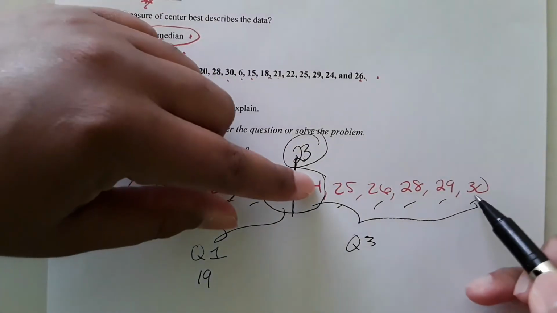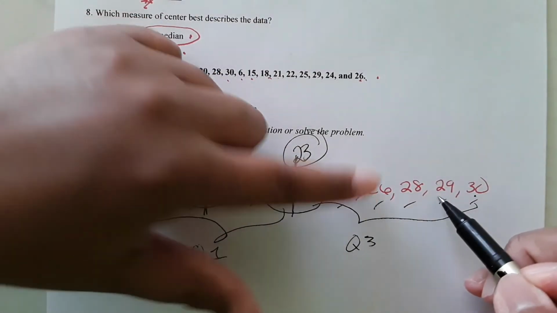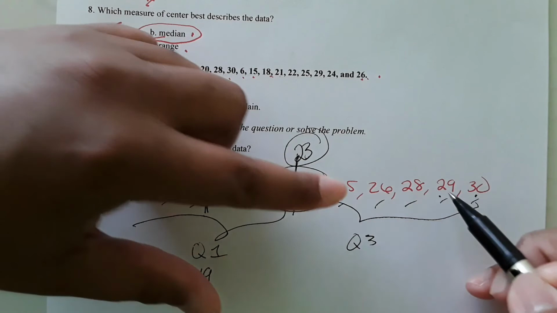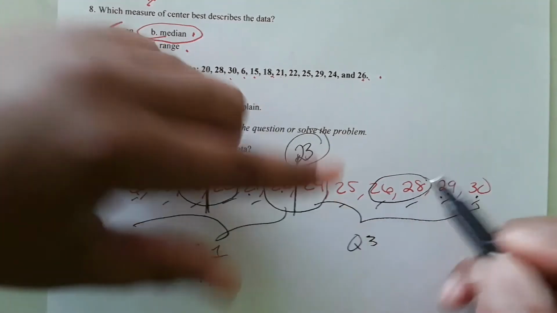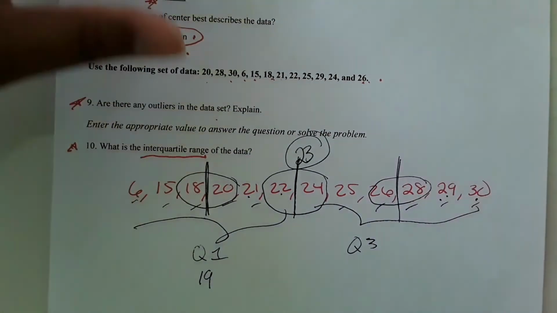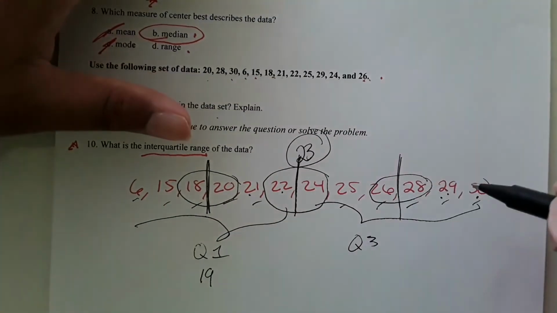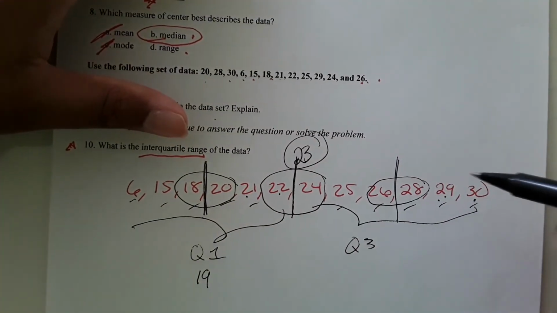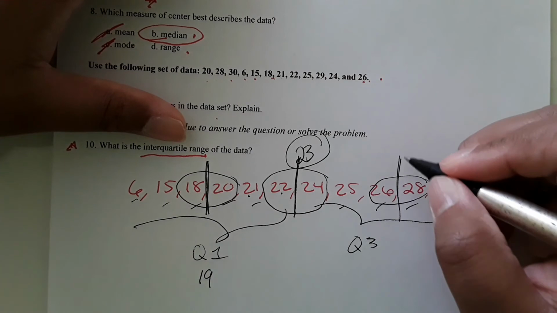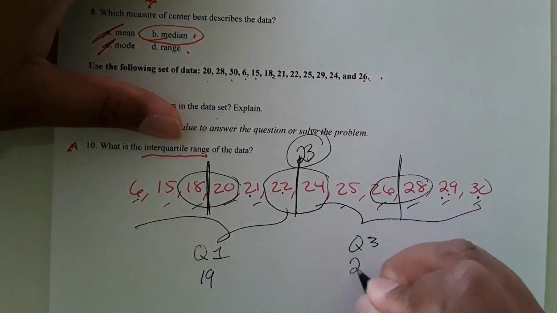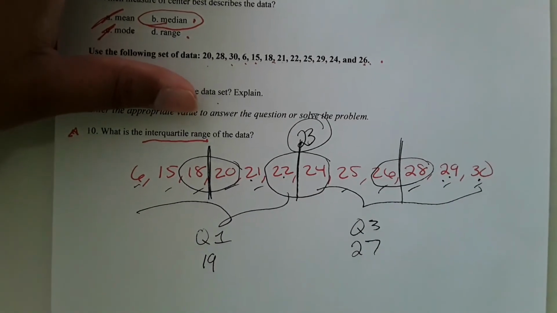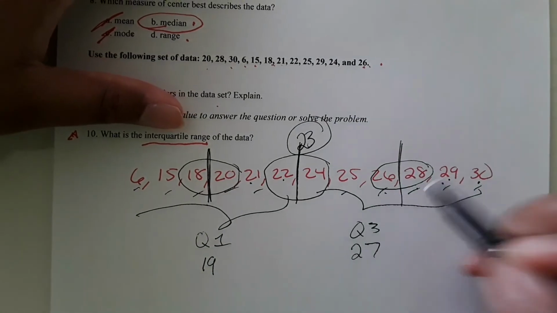We have small, big, small, big, small, big, 2 left in the middle because it's not an odd group of numbers here. So we're looking for that middle number, and boy, did this come out nice for us: 27, because it's halfway between 26 and 28.